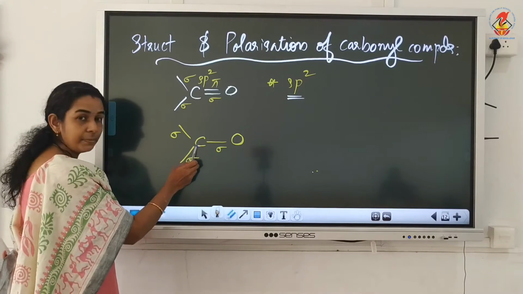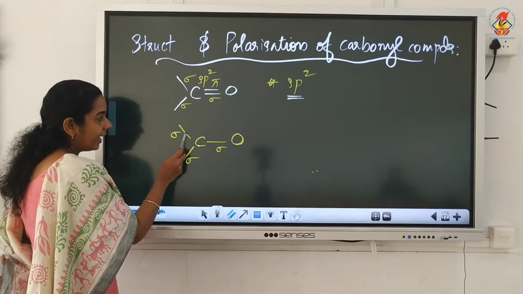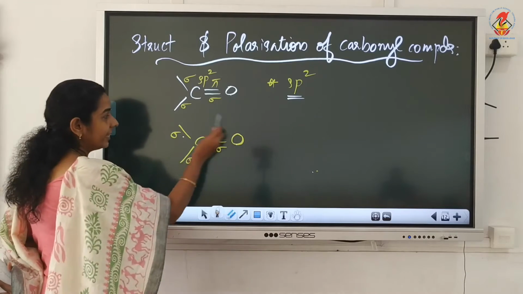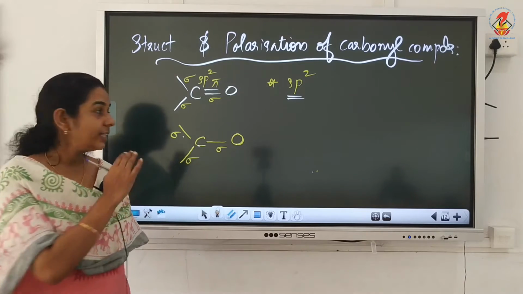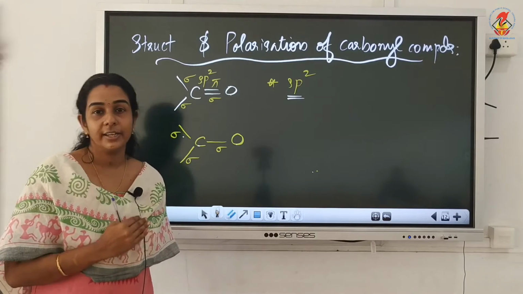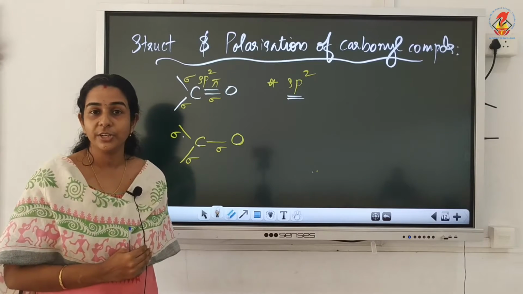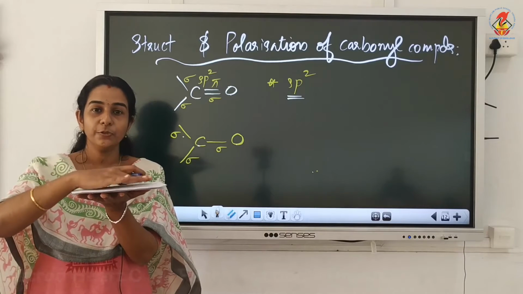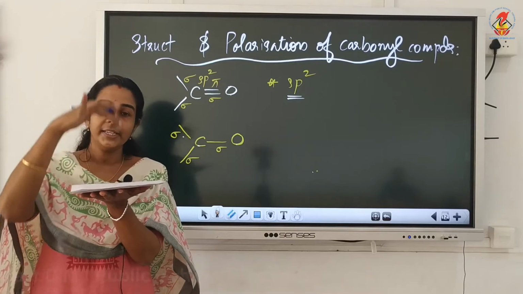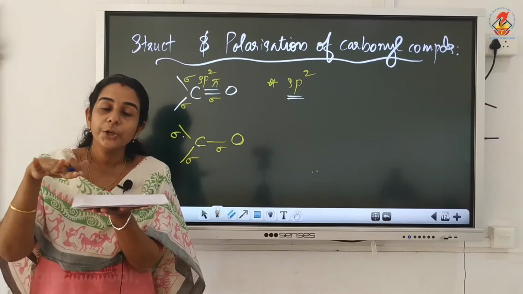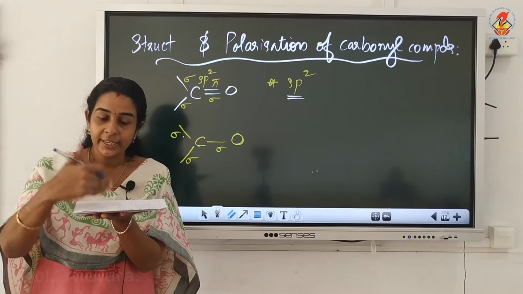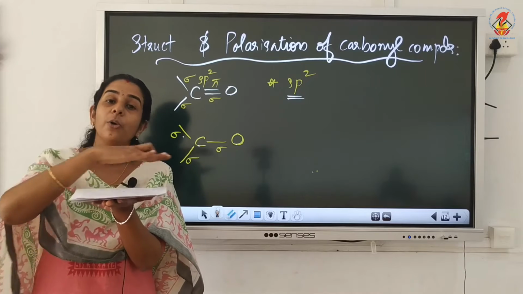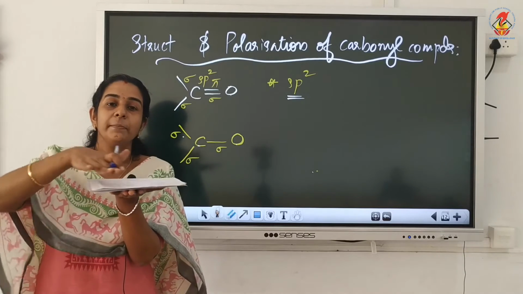The carbonyl carbon, the carbonyl oxygen and whatever is the group attached to this carbonyl carbon, this structure is having planar geometry. What do you mean by planar structure? Suppose this is the plane of the paper, the carbonyl carbon, the carbonyl oxygen, and all the groups attached to this carbonyl carbon will be present on the same plane. All the atoms will be lying on the same plane.